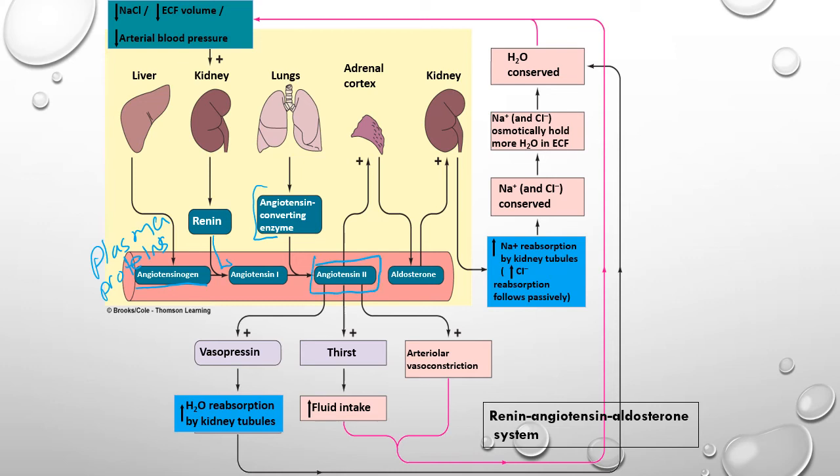This is then going to go back up to the posterior pituitary, and that's going to stimulate the release of antidiuretic hormone, or vasopressin. That increased vasopressin release leads to more water being reabsorbed, so we get more of those aquaporins being formed, and that's going to allow us to reabsorb more of that water.